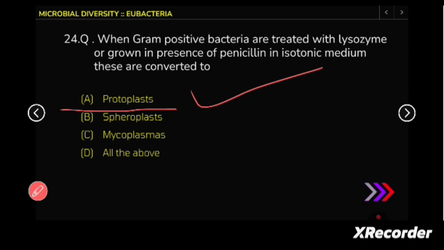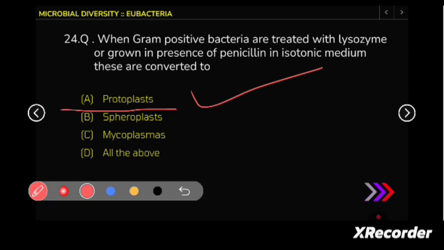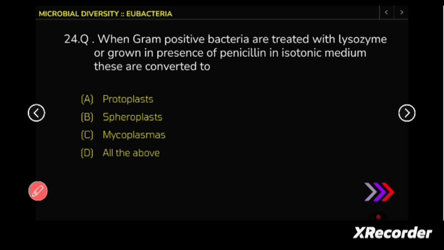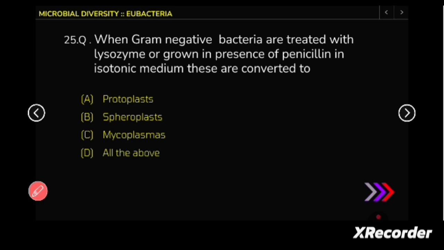Lysozyme dissolves the cell wall. Penicillin inhibits peptidoglycan biosynthesis. As a result, the cells lose the cell wall. They become cell wall-less bacteria, known as protoplasts.